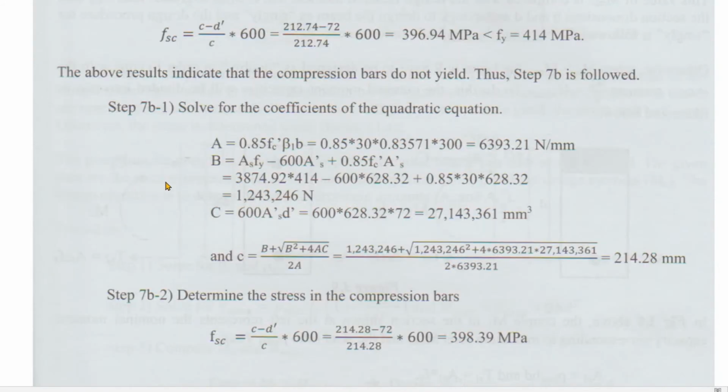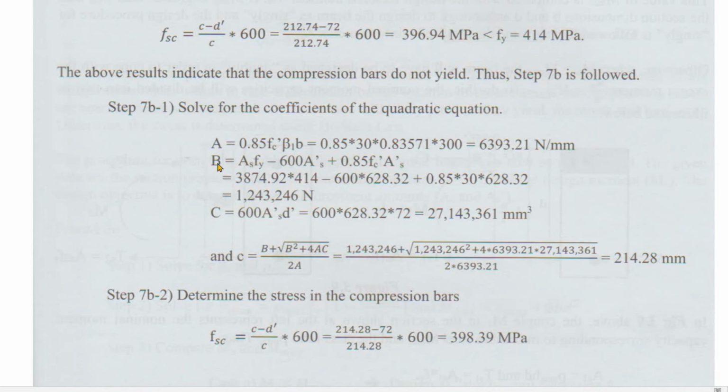Ayan. So, pag dito sa step 7B, mag-quadratic equation ka na naman. Ibig sabihin, babaguhin mo yung value ng small c. Hanapin mo yung bagong value niyan, which is defined by your capital A, capital B, and then capital C. Notice na sa capital A, this is given, F prime c, beta 1, saka b.